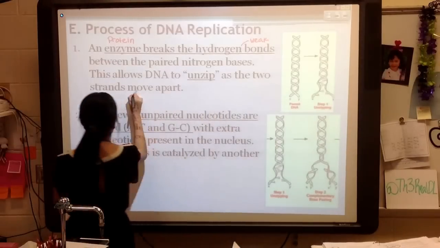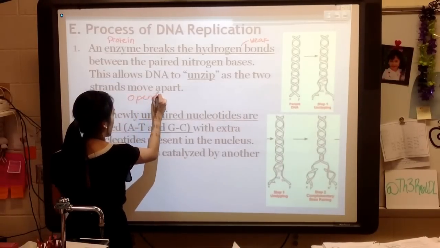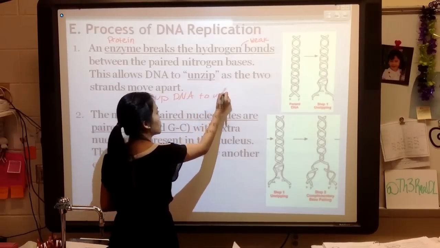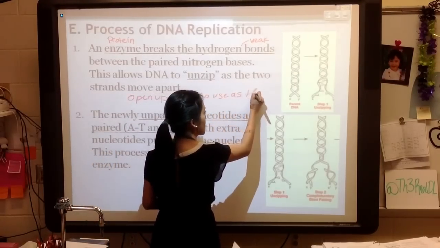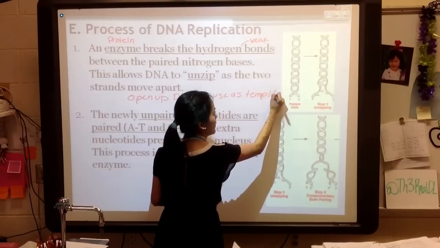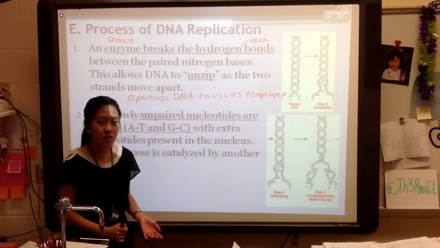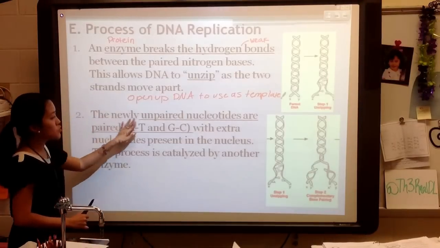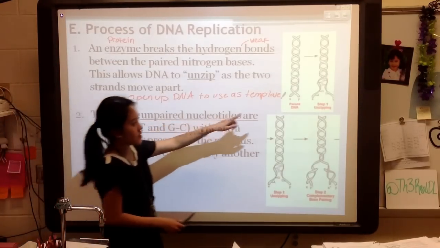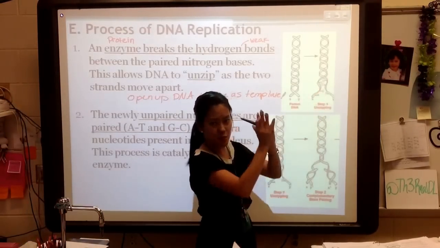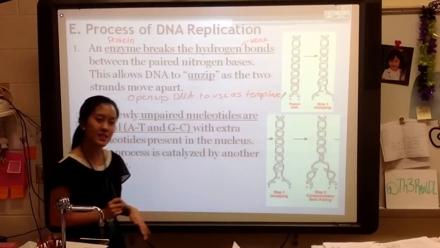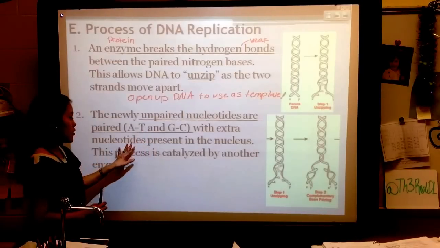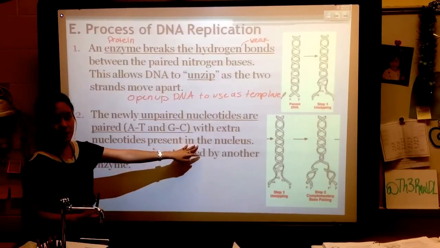So you open up DNA to use as a template. A template is just like a pattern, and you're just following the pattern. So the newly unpaired nucleotides, here are the unpaired nucleotides because we pulled apart the A's and the T's and the G's and the C's, will actually bond with free nucleotides that are present in the nucleus.